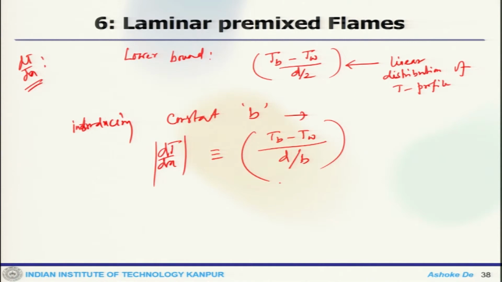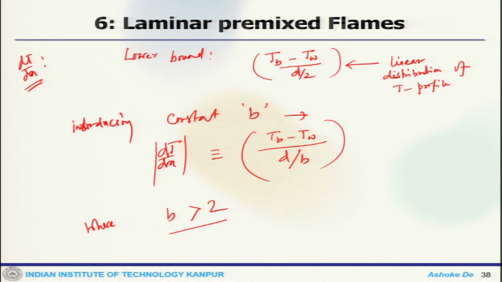So, some parameter that we introduce so that the boundedness can be maintained, where b must be greater than 2. So, that means it will satisfy the lower bound and the upper bound also.